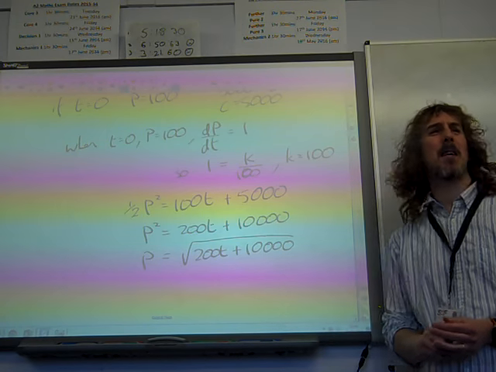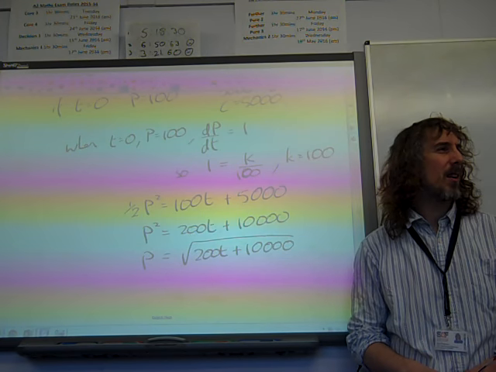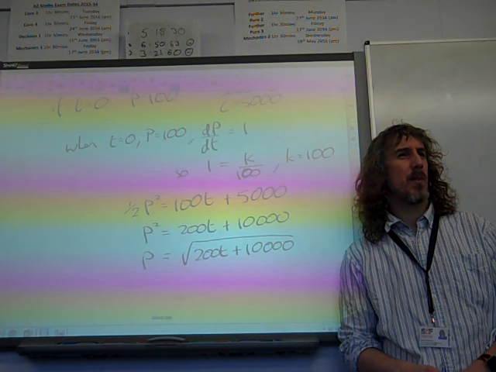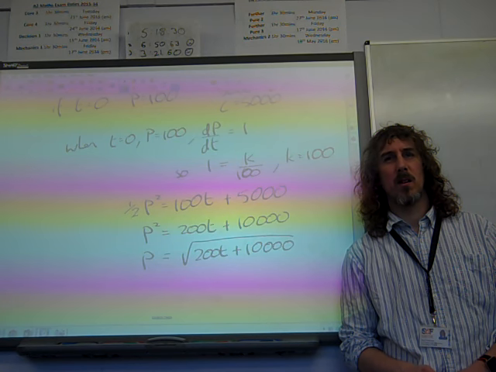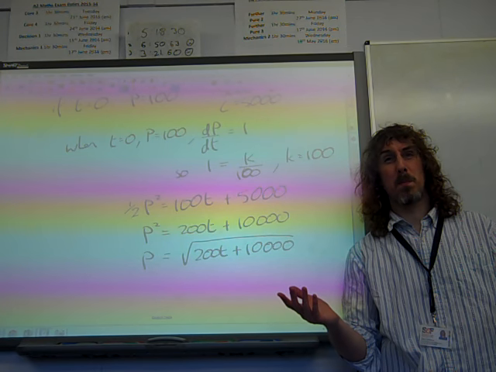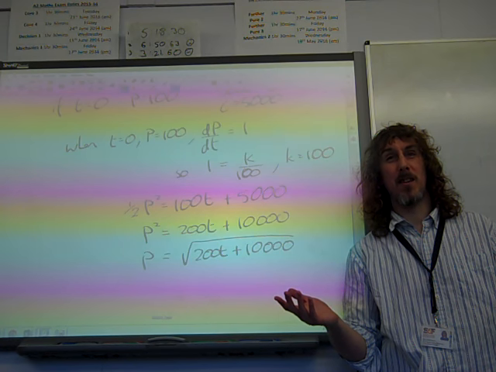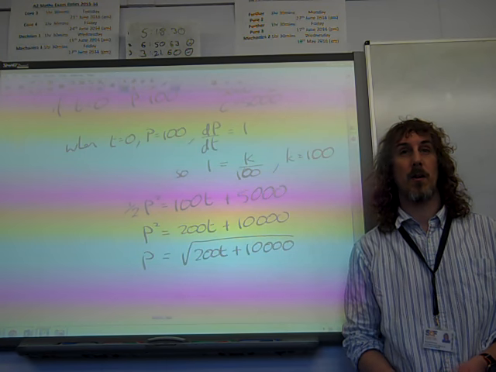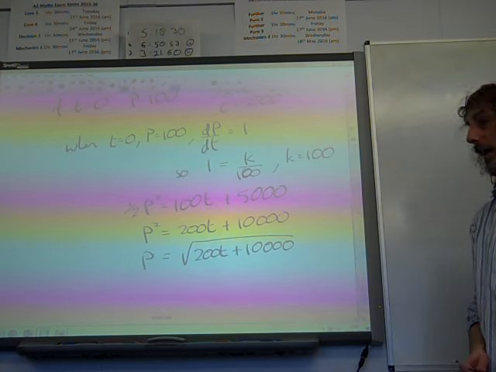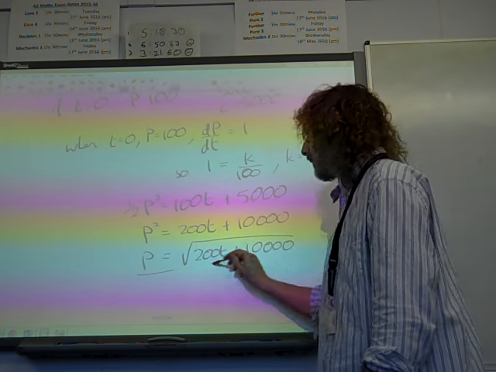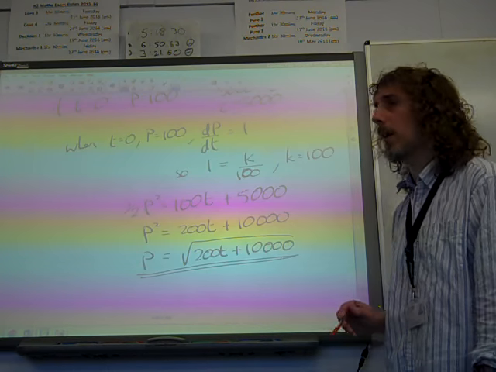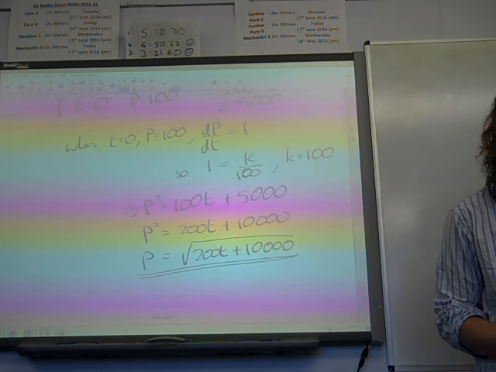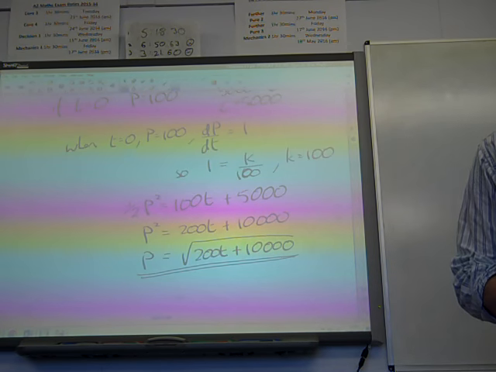Why am I not taking plus or minus the square root? Well, what is P? It's the population density, and the population density can't be negative, so it's only of any value to take the positive square root. You didn't have to refer to that. There we go. That was it. Notice you had to have P equals, because that's what the question asked you for.